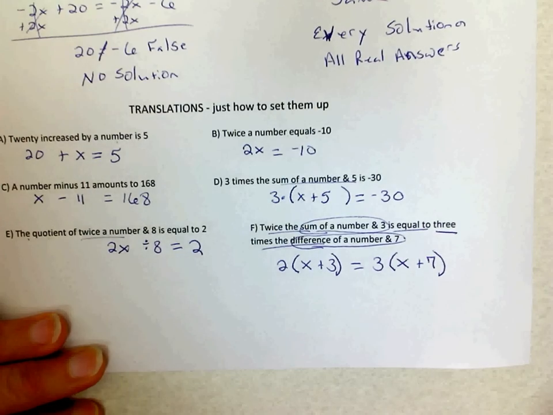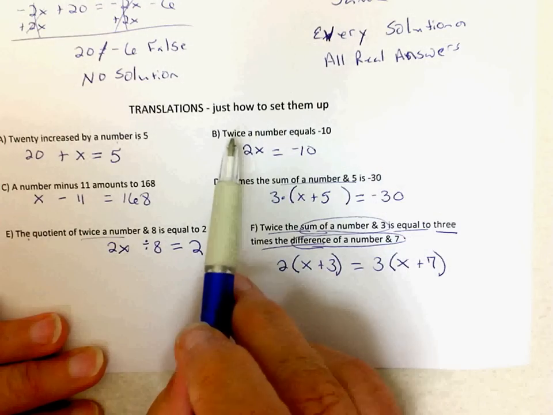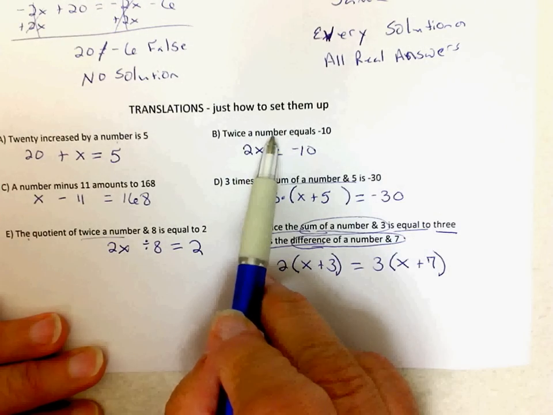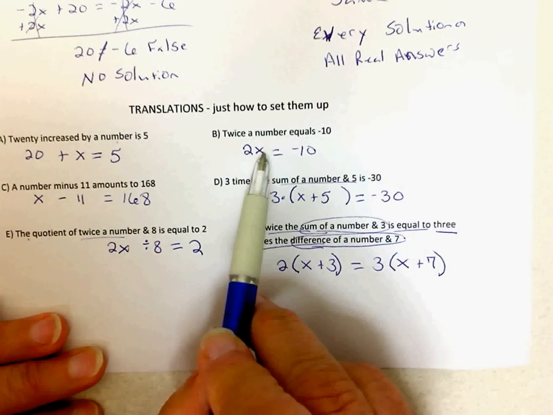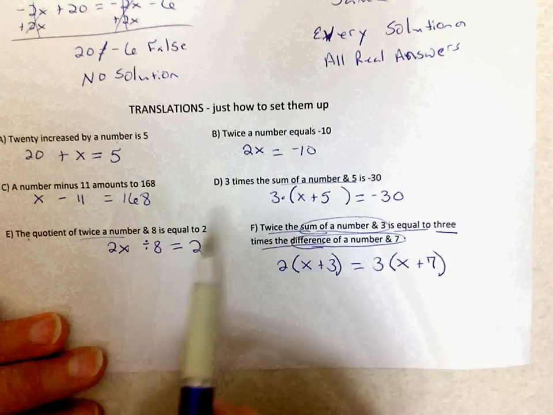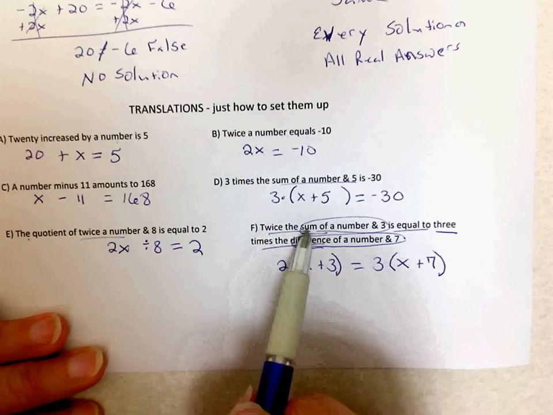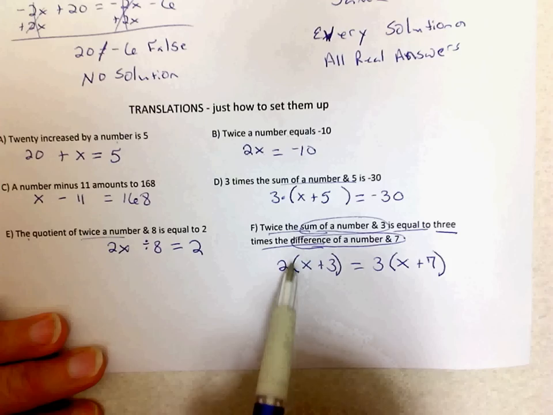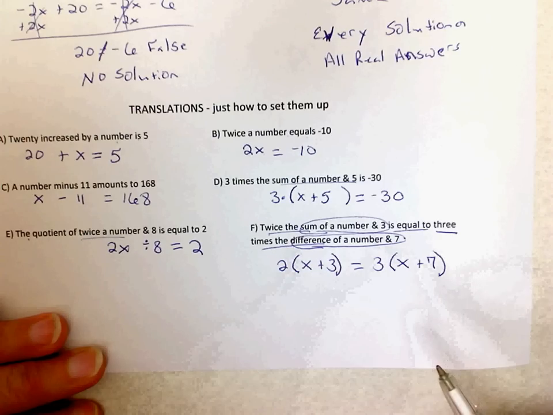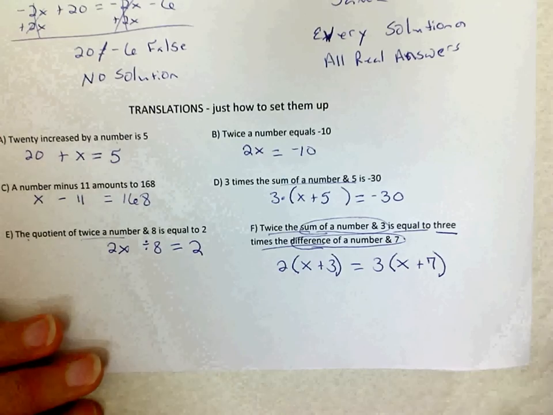Notice when it says twice a number, it means 2x. But when it says twice the sum, that's 2 parentheses. Okay, keep those straight. They are not going away.